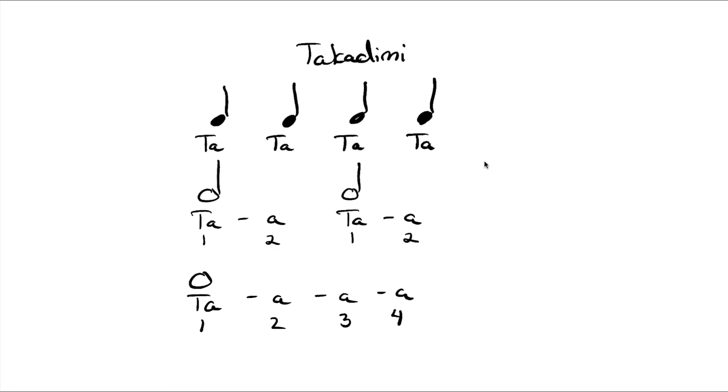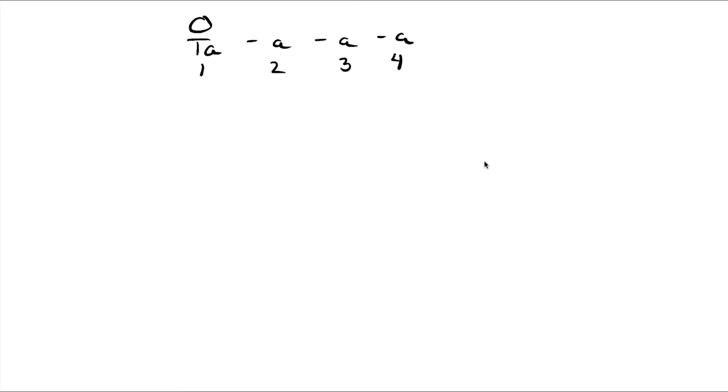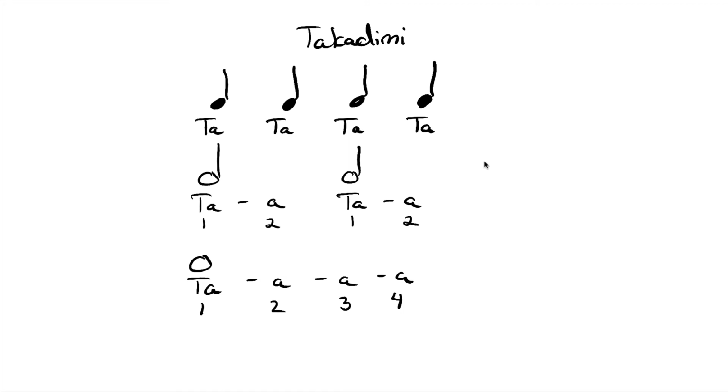Just make sure there's no space between the ahs because you want the note held out for that full 4 beats. As I said, we've got the 4 quarter notes that go ta, ta, ta, ta. You've got half notes that go ta, ah. And then you've got the whole note that goes ta, ah, ah, ah. So those are your 3 simple note values.